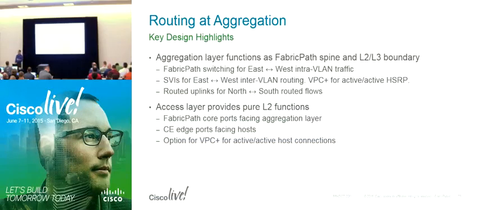And for all the north to south and south to north forwarding, we will also use those SVIs. Our access layer is pure layer 2, meaning it only takes care of maintaining the edge information in terms of MAC addresses, the remote MAC addresses, and also on the multicast side in terms of IGMP and MLD snooping when that's necessary. You have an option to use VPC Plus at the access as well. So if you need to dual home your host or dual home your spanning tree switch, you can do that at the access.